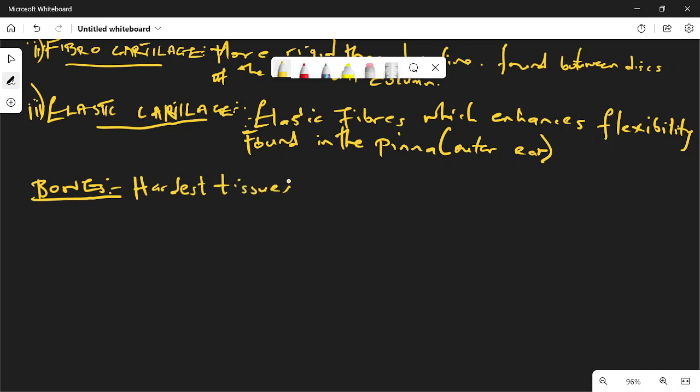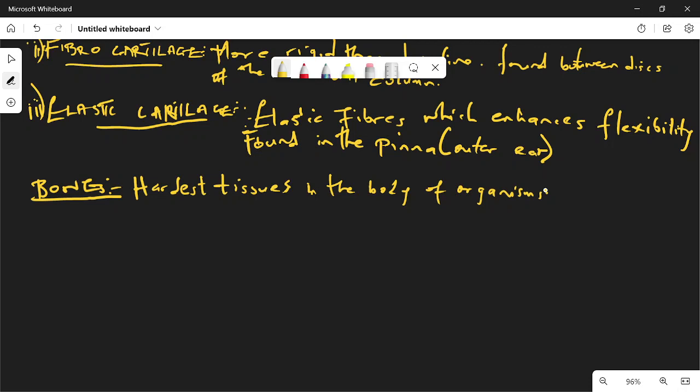The hardest tissues. That's what we refer to as bones. Hardest tissues in the body of organisms. That's what we refer to as bones. They are the hardest tissues that we find in the body of an organism.